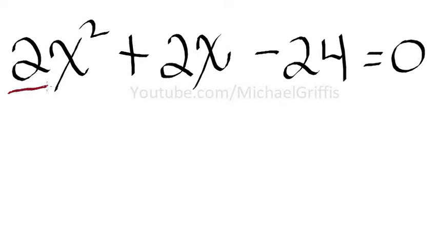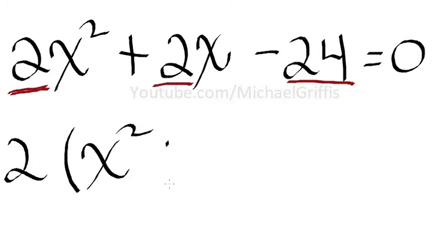We also want to make sure that there's not a number that goes into the coefficient in front of x squared, the coefficient in front of x, and the constant, 24. In this case, 2 does divide evenly into all three of them. So let's factor the 2 out.